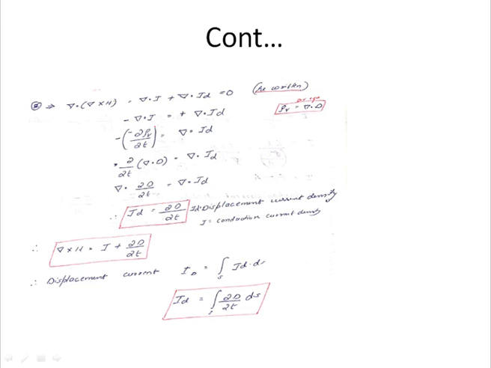So del dot J, according to the continuity equation, is minus dou rho V by dou T, equal to del dot JD. Then dou by dou T of rho V can be replaced by del dot D. According to Gauss law, Q is equal to psi. So what is Q? Volume integral of rho V dV equal to surface integral of D dot ds.